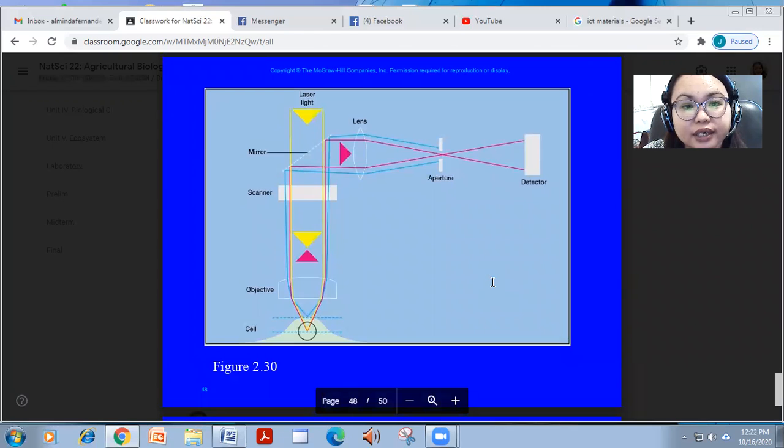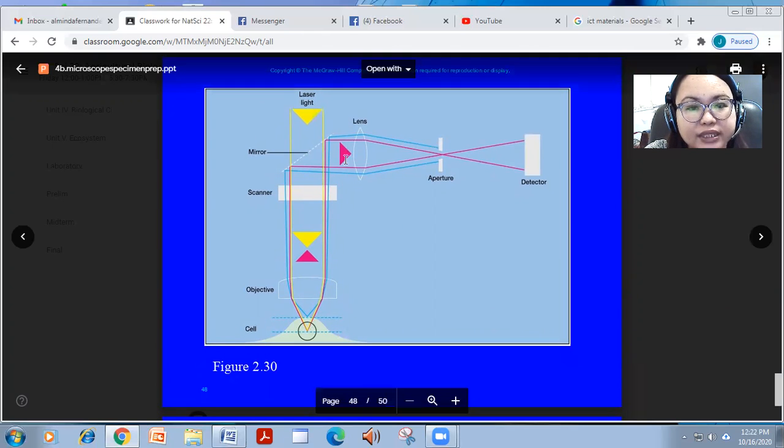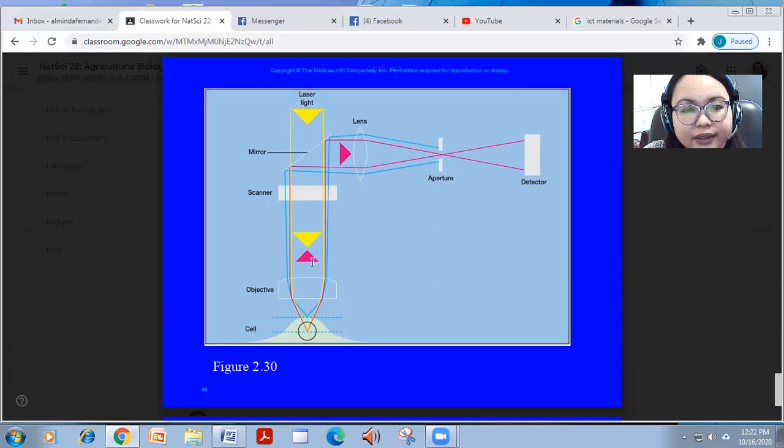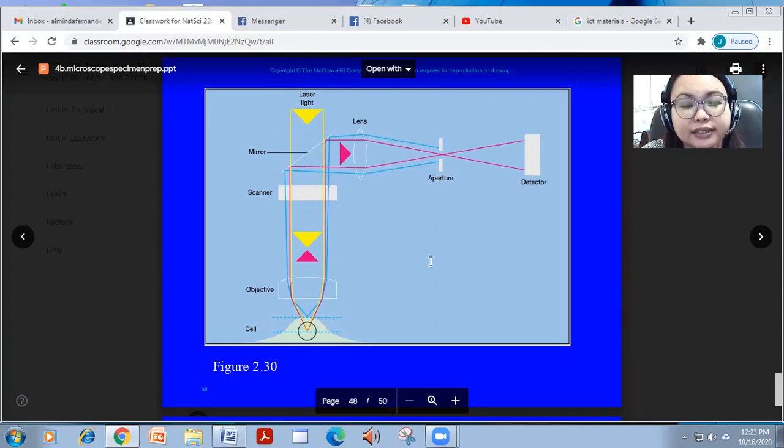So this is another figure to show you how the laser light is directed into the mirror and the scanner with the objective and with a cell here. So this is how the lenses with a detector are illustrated.